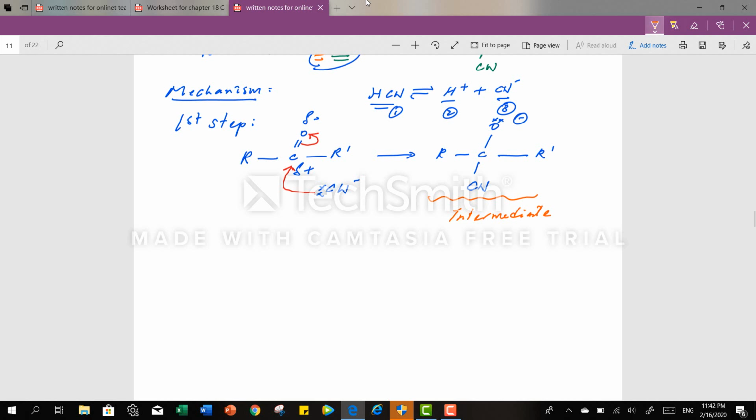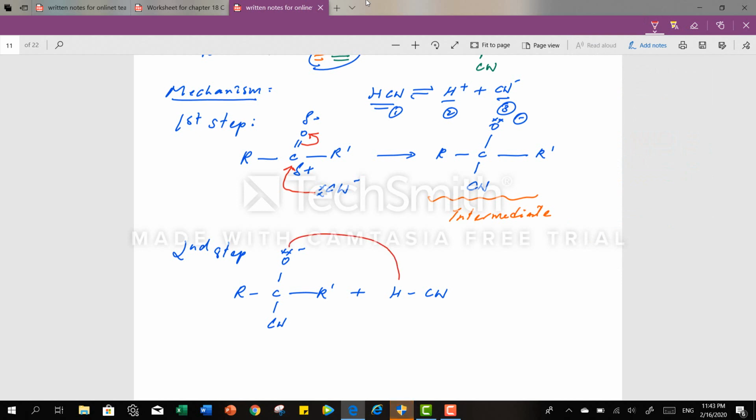Okay, and then for step 2, the intermediate is going to capture a hydrogen ion from HCN.